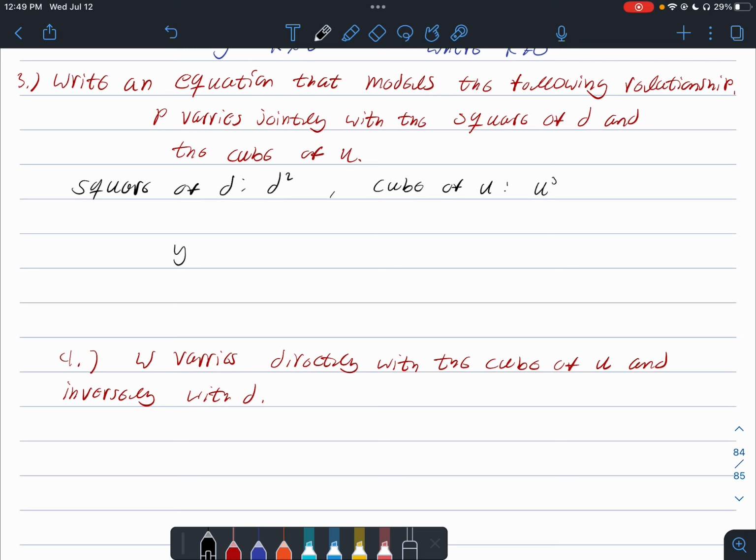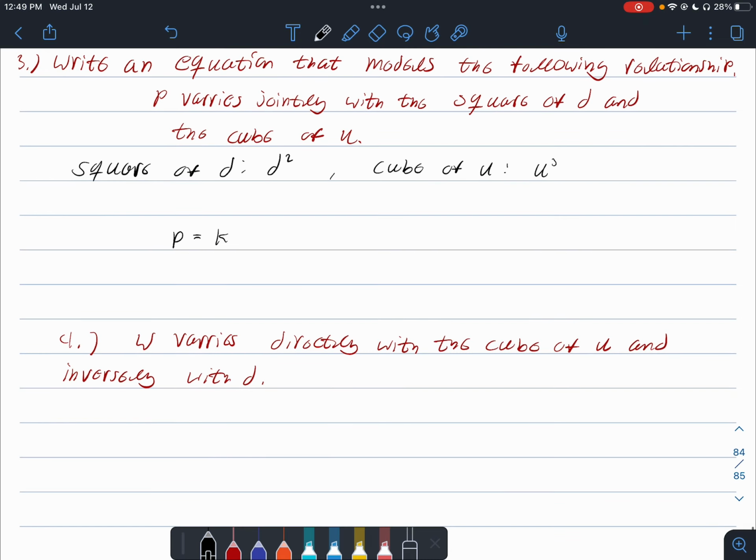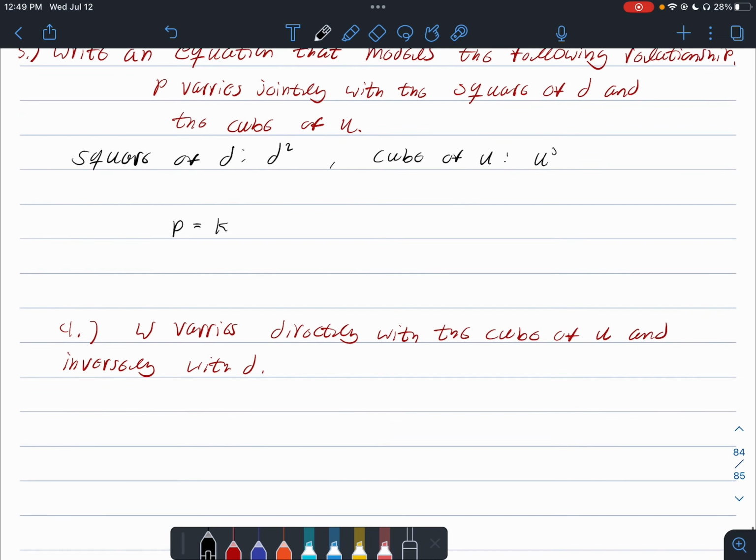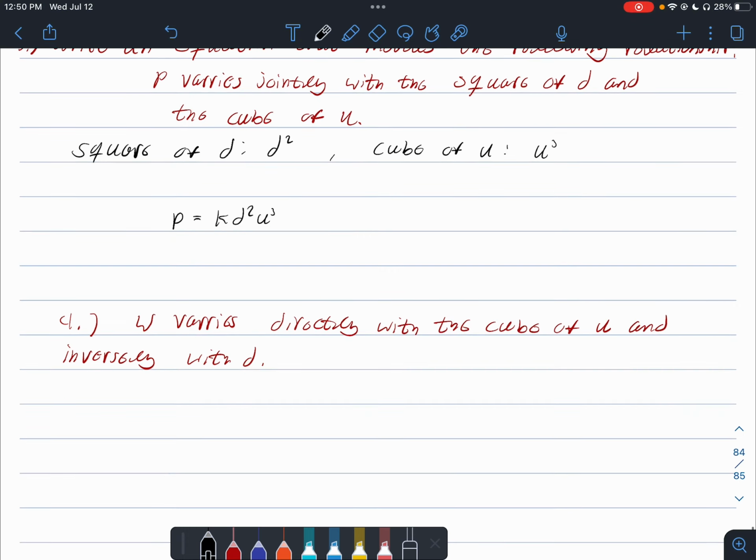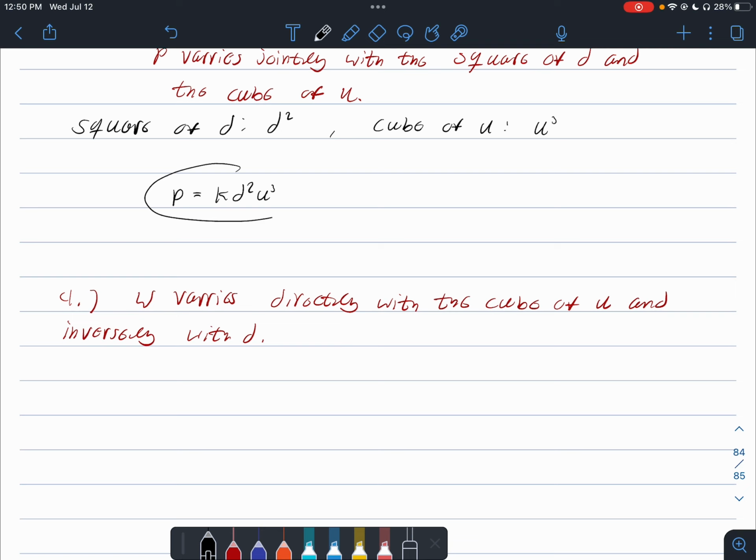So we can write this as P equals k. We don't know what k is, and we're not given enough information to find out what k is in a numerical way. P is equal to k times D squared times U to the third. Okay, so that's how you would write that.